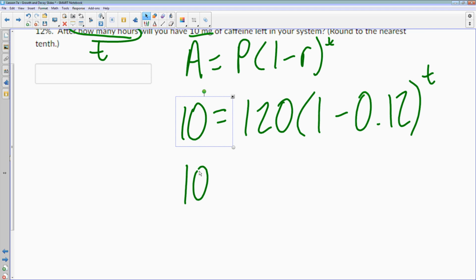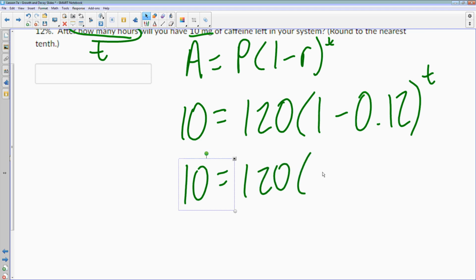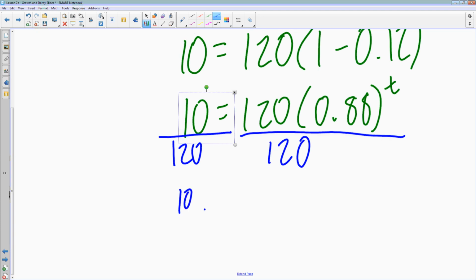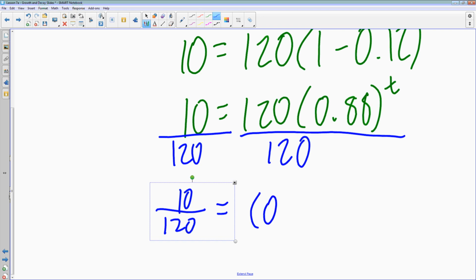All right, so what you can do, well, first of all, we can figure out what 1 minus 0.12 is. So make it a little bit nicer for us. So that's 0.88. You don't have to do that, but all right. So now our goal is to solve for t, right? So to do that, we want to eventually undo our exponential, but before we can get there, we're going to have to divide both sides by 120. All right, so I'm going to leave this literally as 10 over 120. I'm not going to turn it into a decimal. All right, and then I want to undo this 0.88 base portion.